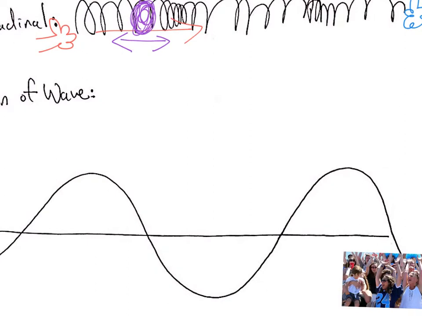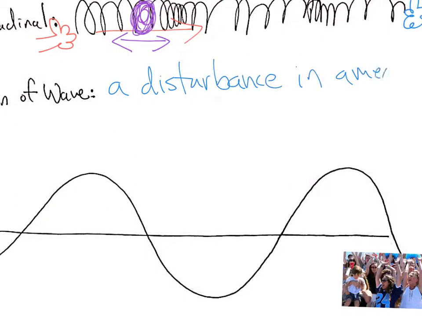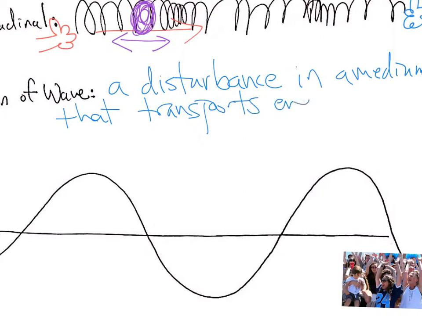And we're going to say a definition of a wave is: it is a disturbance in a medium that transports energy but not matter. And we'll talk about what all these terms mean.